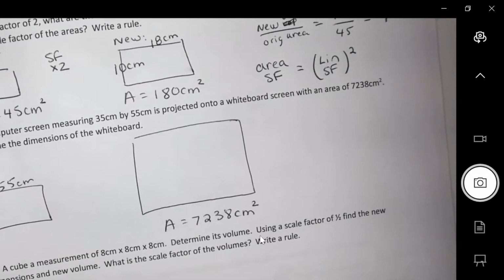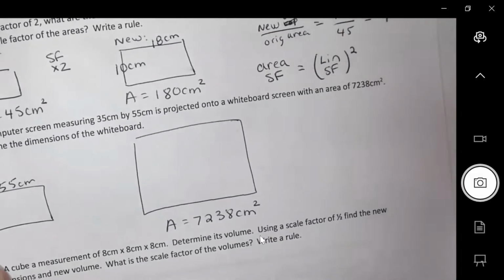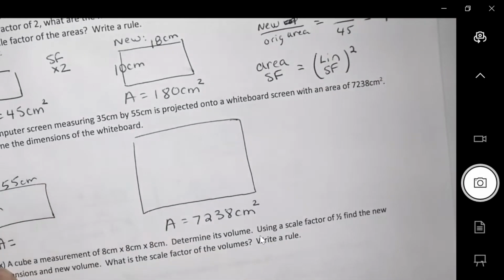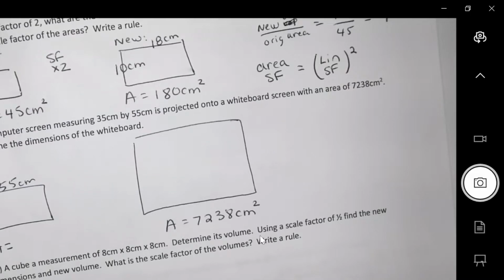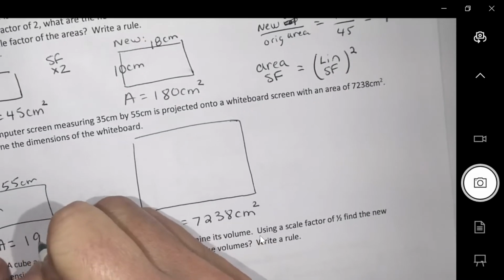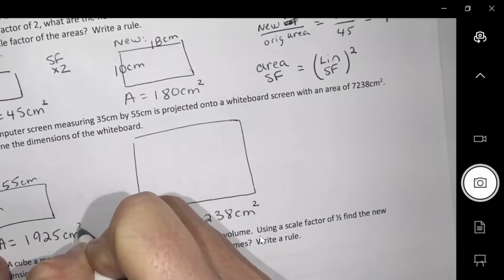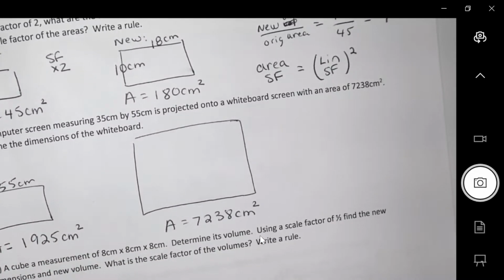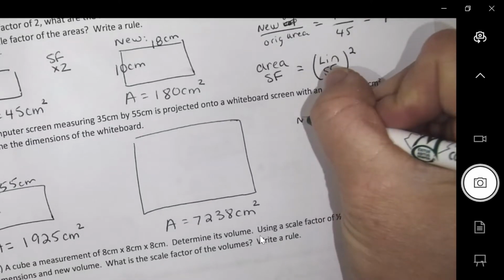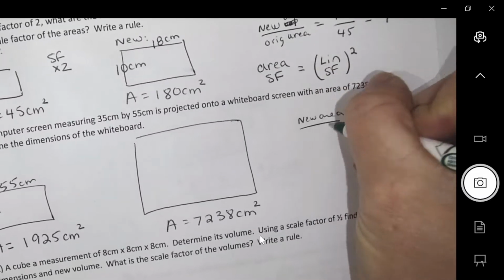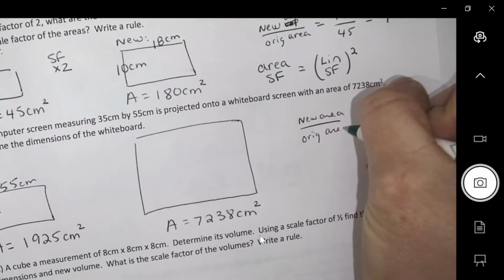So I've drawn that out. I think it will be helpful if we could calculate that area because we have those numbers. Okay, so here I go. New area divided by original area.